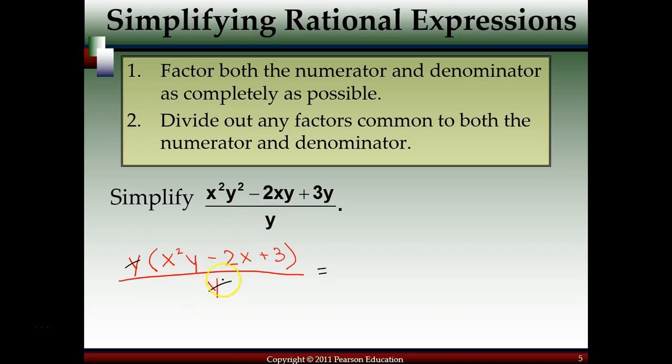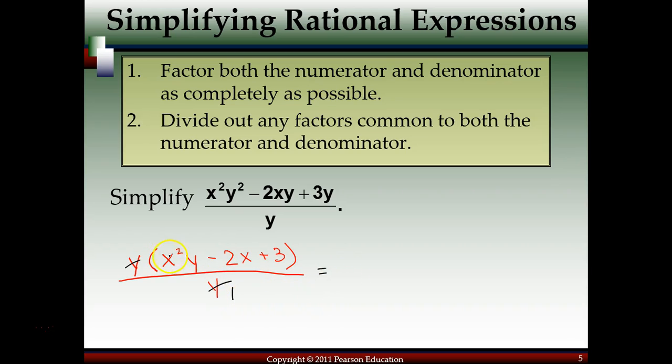Whenever you cancel out a term, this is very important to remember: what is left over is 1, because 1 times y is just y. So when you cancel out a y or a factor, you're not canceling it to be 0. It is going to be 1.